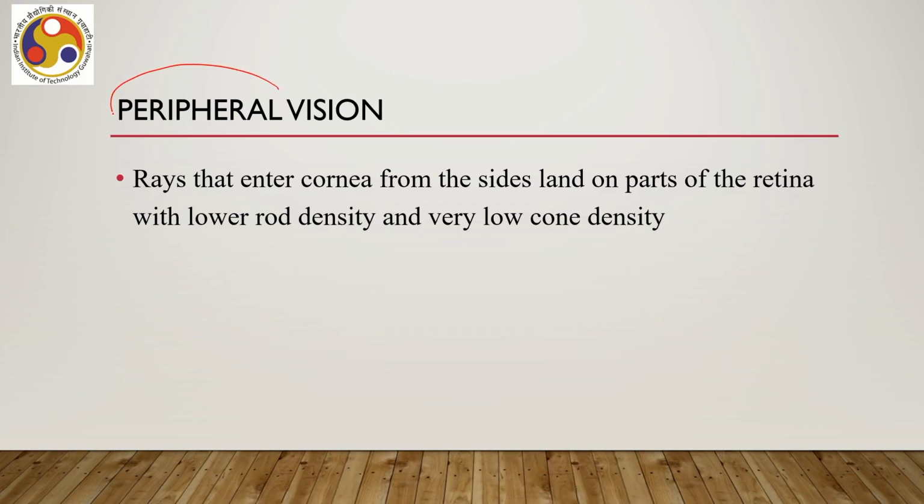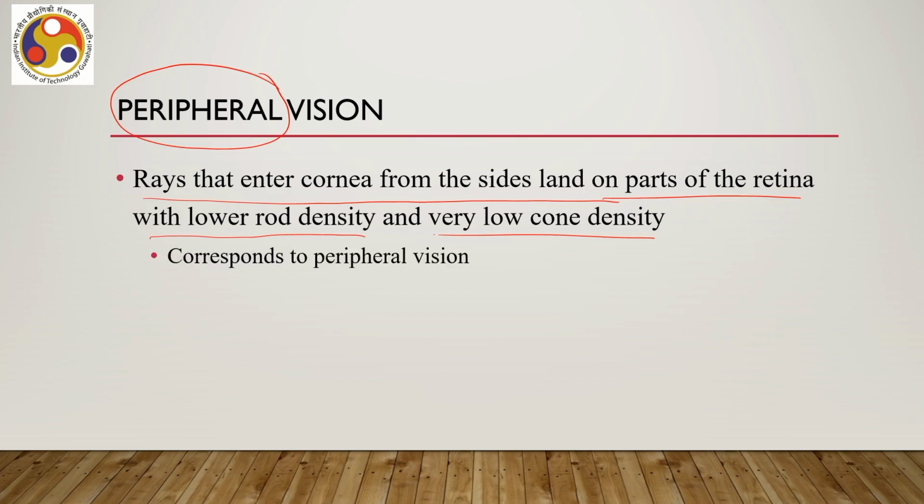Next, let us try to understand what peripheral vision is. The rays that enter the cornea from the sides land on parts of the retina with lower rod density and very low cone density, that is, towards the peripheral region of the retina. This region has fewer photoreceptors, with a mix of rods and even fewer cones, and that leads to peripheral vision.